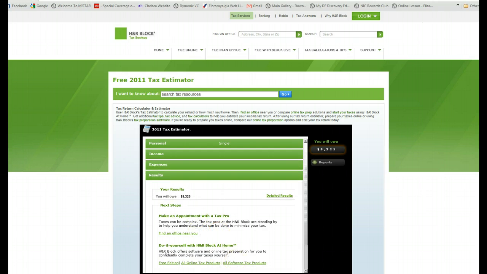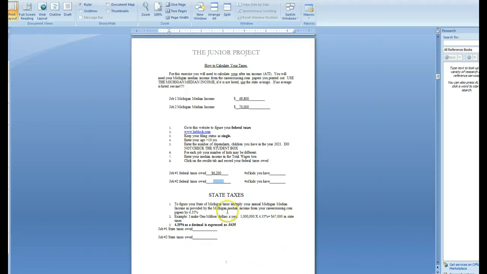And then for my job 1 is 9,235. Okay, so here I'm going to write 0 because I'm not having any children for that, and I have 1 for that one.